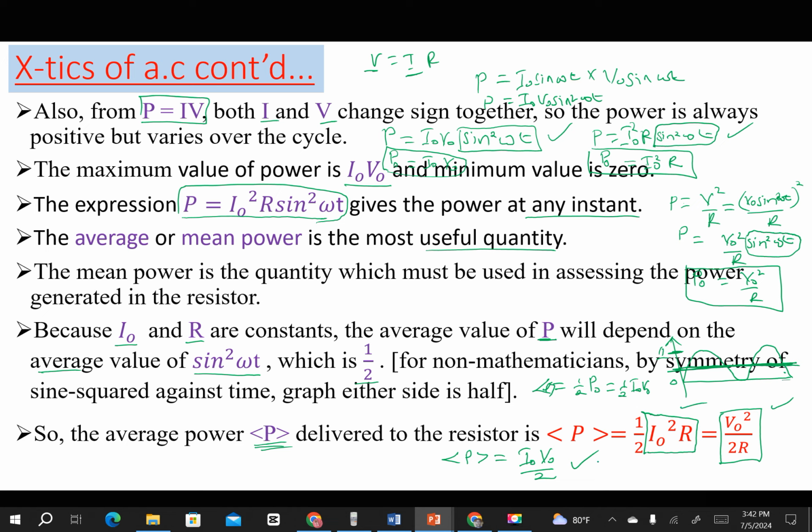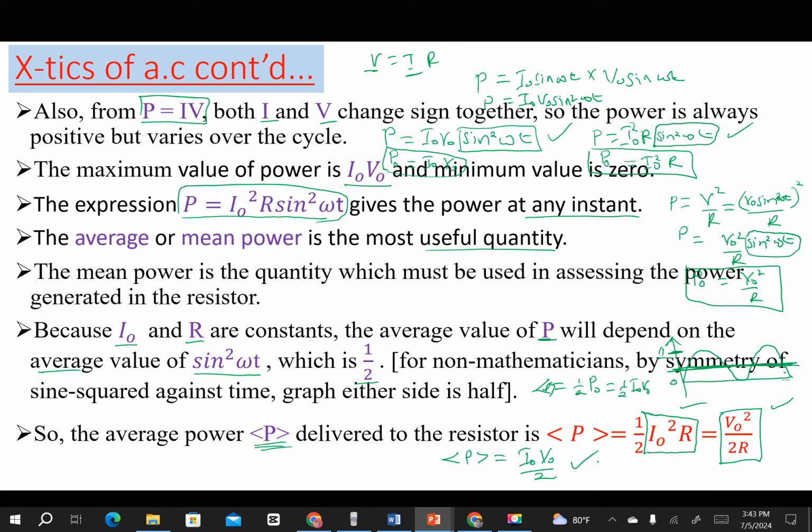So the average power does not depend on the alternating current alone, it depends on the square of the current. And of course, the square of the current is always positive. So the examiner will ask you to explain why there is power dissipated in a resistor even when the average value of alternating current is 0.